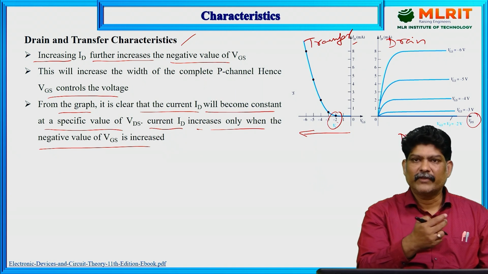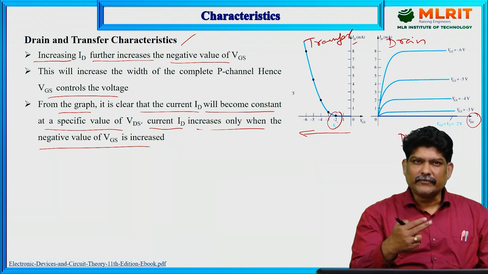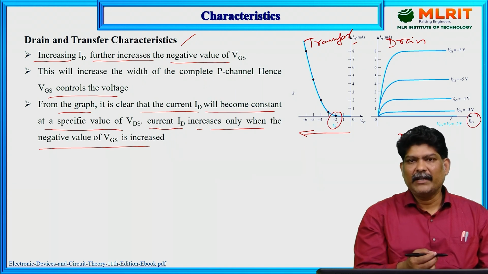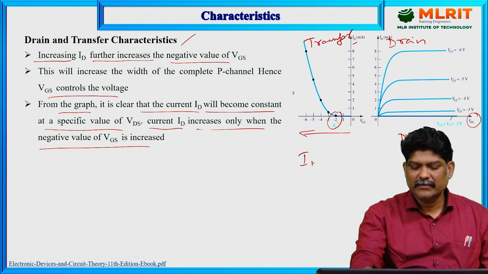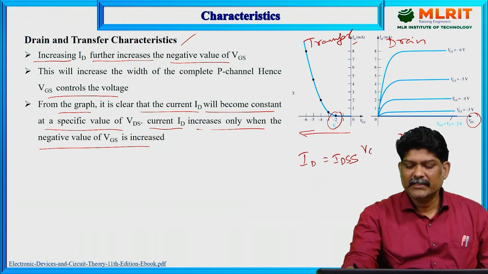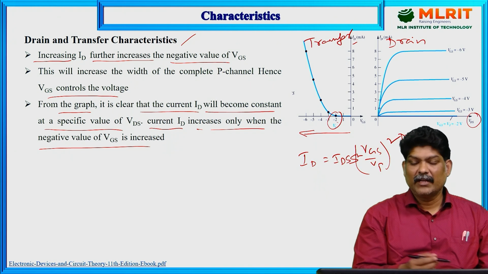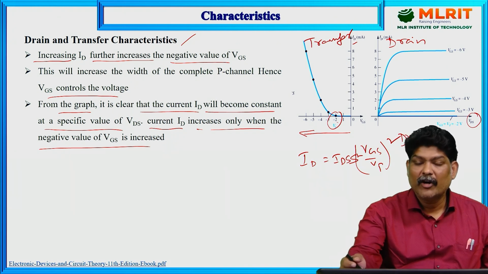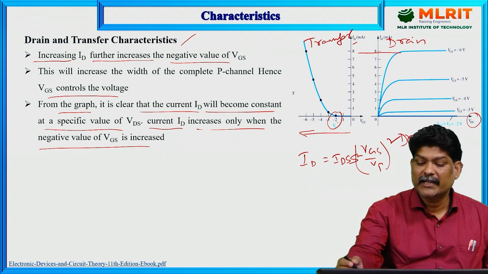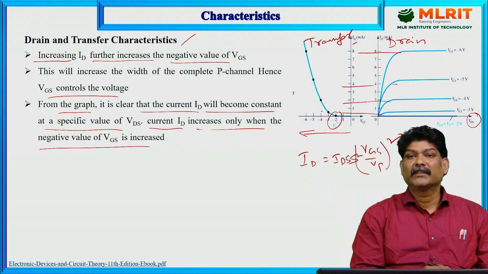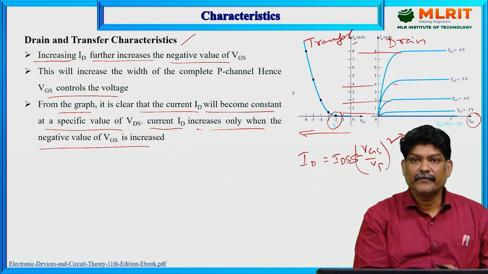One is from the drain current equation, that is ID equals IDSS into 1 minus VGS by VP, whole square. So this is the expression. From this we can generate the transfer characteristics, and also from the output characteristics, which are the drain characteristics.